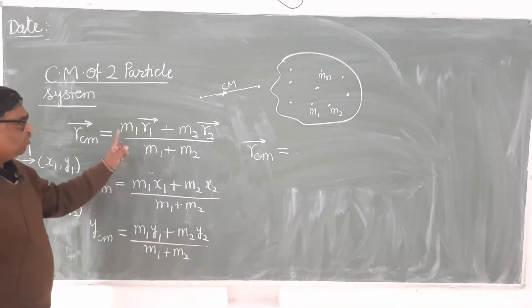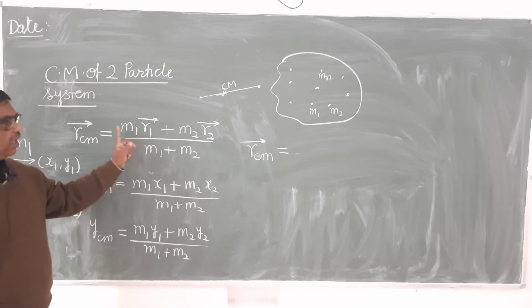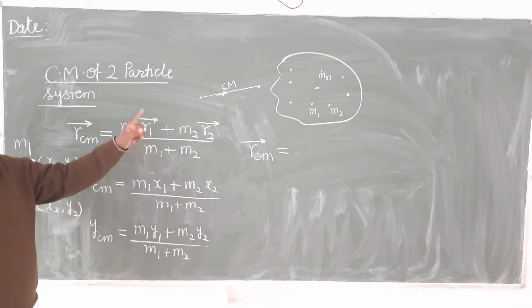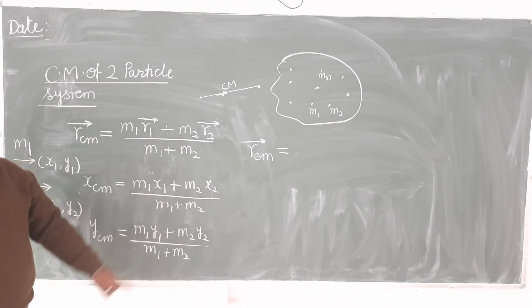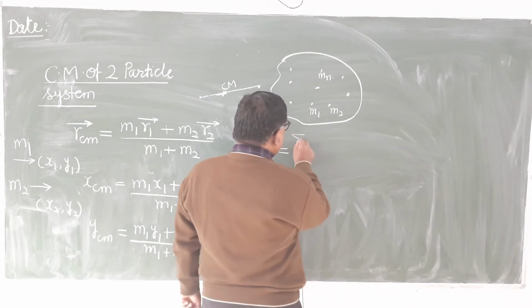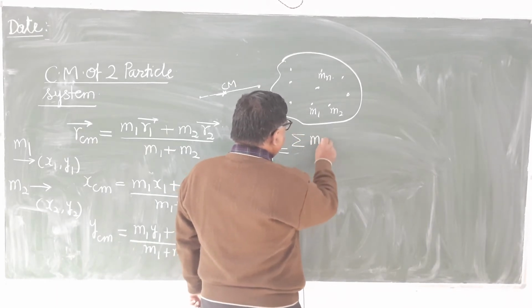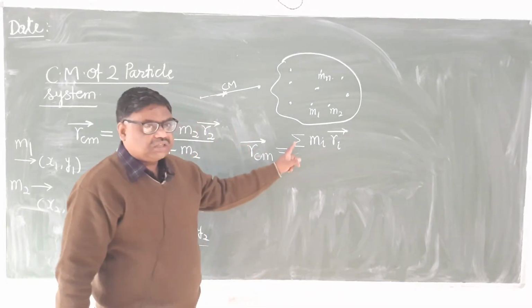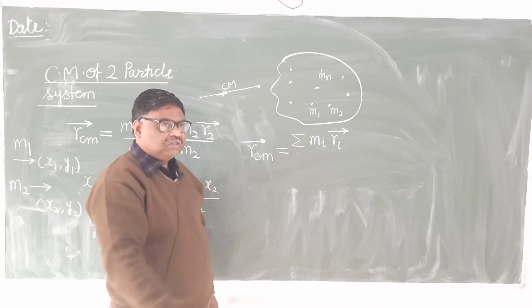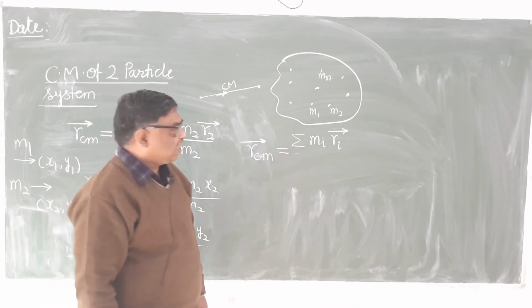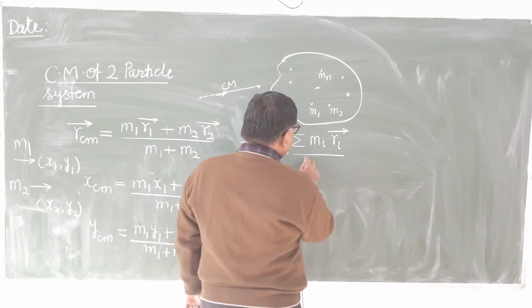It will be m1 vector r1 plus m2 vector r2 plus m3 vector r3, and so on. You can write it as sigma mi ri upon sigma mi, where mi is the mass of the ith particle and ri is the position vector of the ith particle.